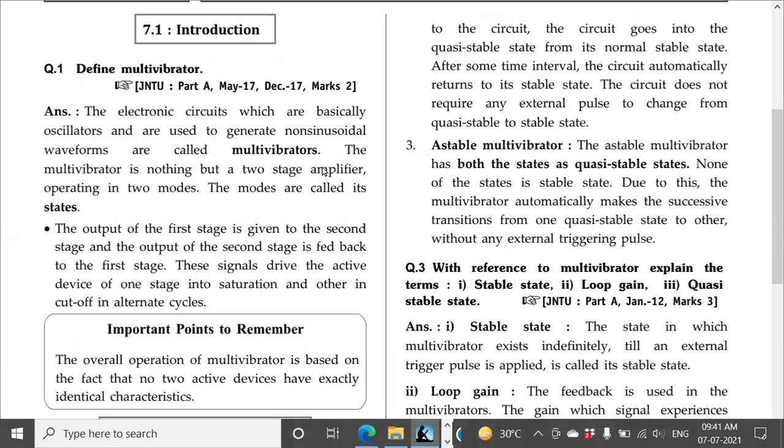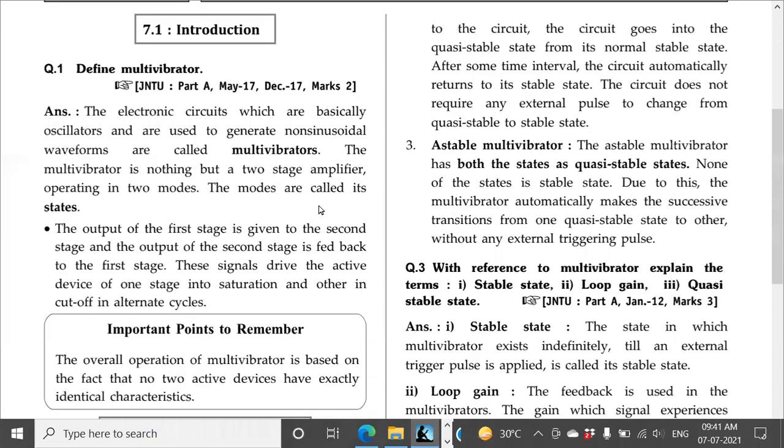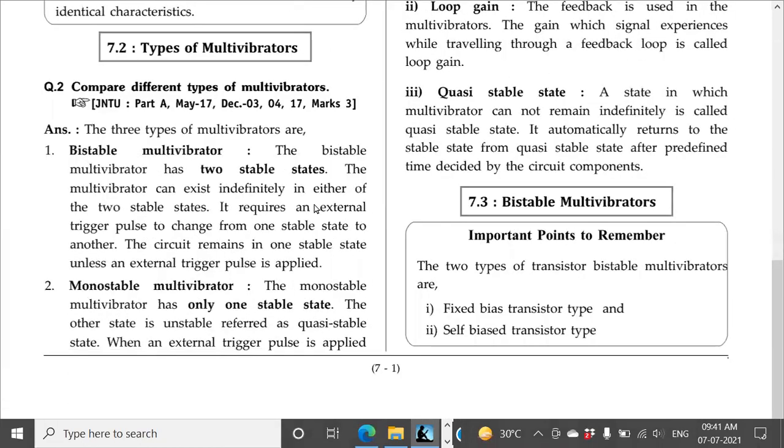Again, say initially the stable state is low, we give a trigger, it goes to high, stays there for a short duration because it is not a stable state, and then comes back to the low stable state.